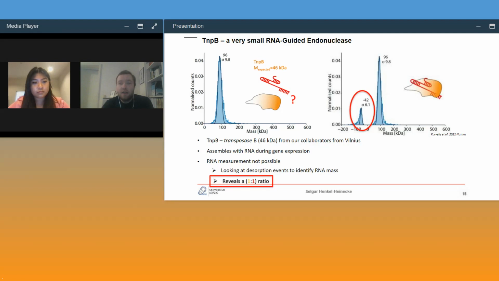So it's more like you see the free RNA, which is not in a complex, just binding and desorbing again. It's also very small, so you would not see it.